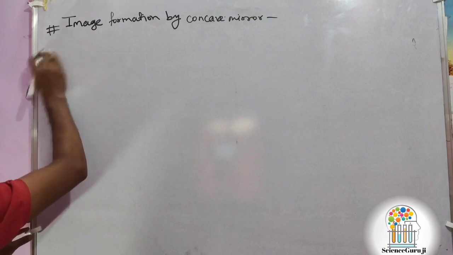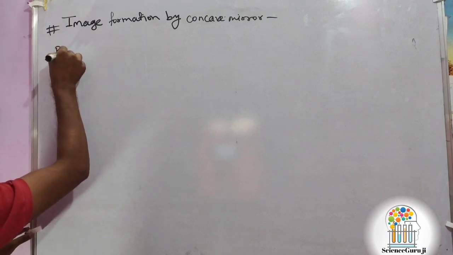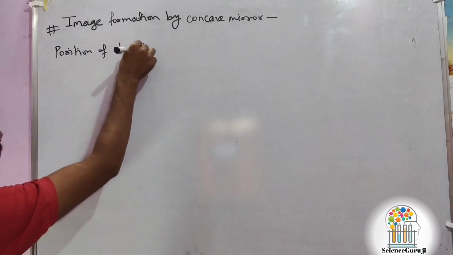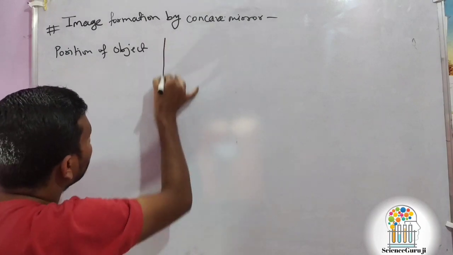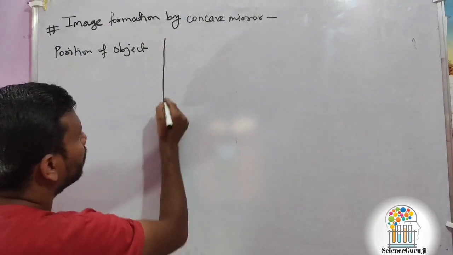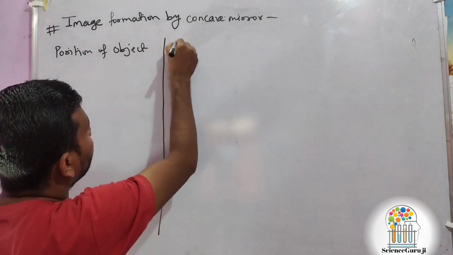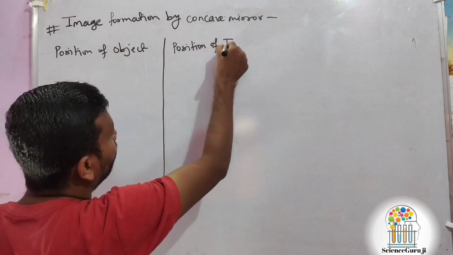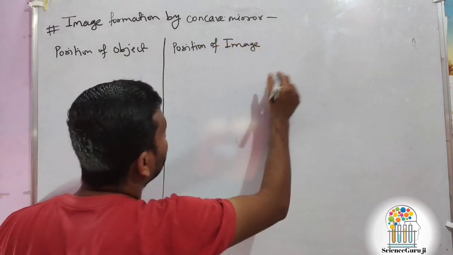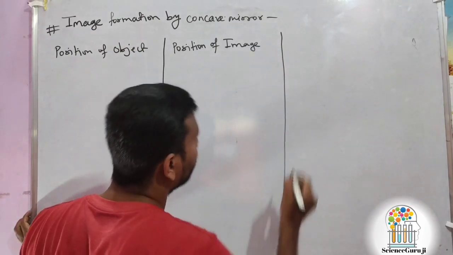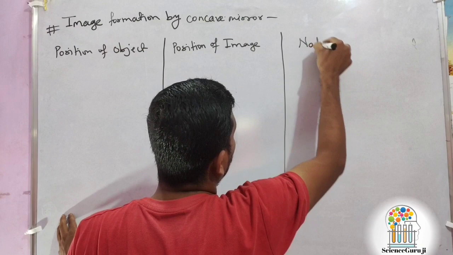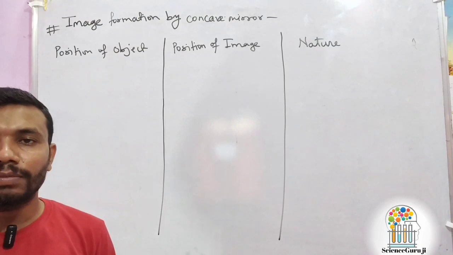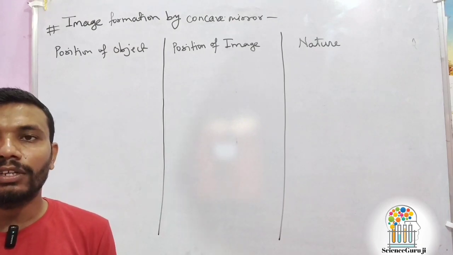Firstly we will put the position of the object, then the position of the image, and the third one is their nature. What is the nature of the image? Basically, the concave mirror forms 6 types of image, according to the position of the object.